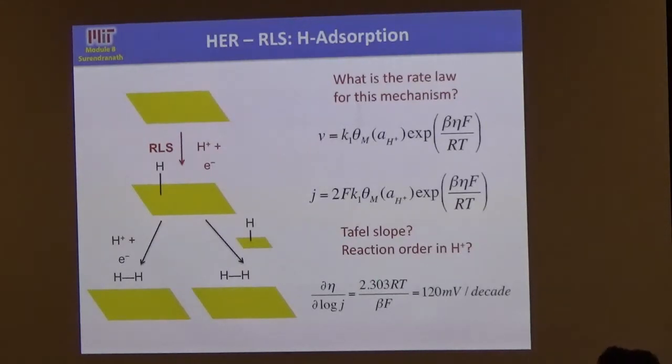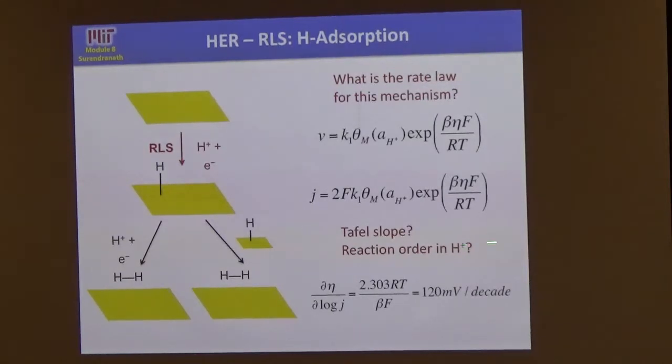That's literally plugging in terms: 2.3 times the gas constant R times T, the temperature at room temperature, over F, is always going to equal 60 millivolts per decade. And if beta is equal to 0.5, 60 over 0.5 gives something around 120. If beta were slightly different, this value would be different.